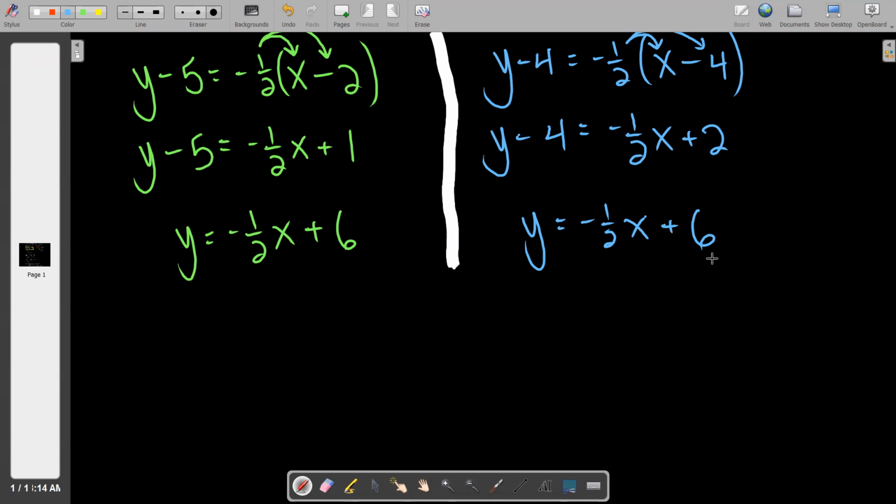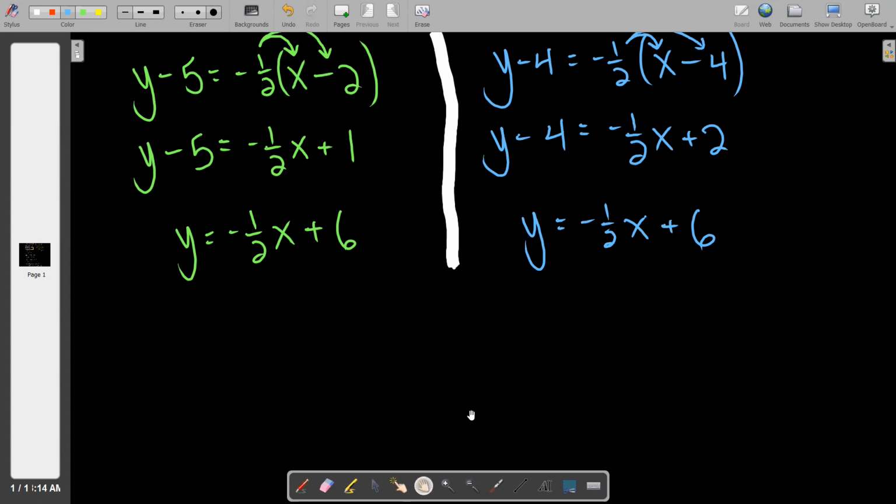The moral of that story is that it doesn't matter which point you pick in one of these scenarios. If you're doing it in a computer program like Delta Math, they'll both be counted correct if you don't make a mistake. Because as you can see, while up at the top of the TV the green and the blue may look different, they're not. They actually represent the exact same line, which is pretty cool.